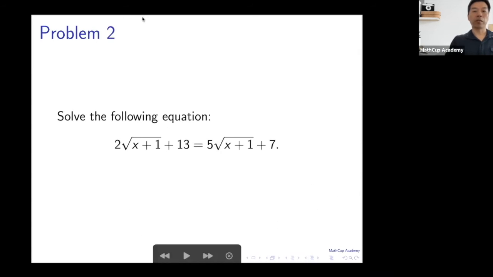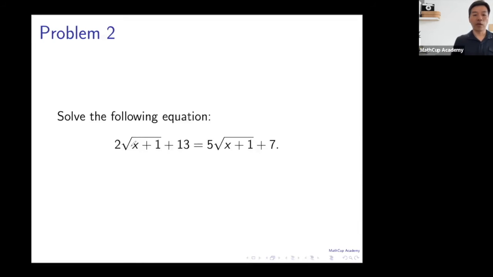Okay, this question says, solve the following equation: 2 times square root of x plus 1, plus 13, equals 5 times square root of x plus 1, plus 7. Now, clearly, this is not a linear equation, right? We have a square root of x plus 1 inside.